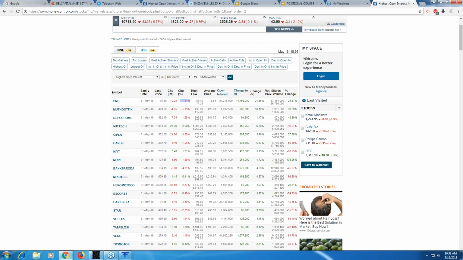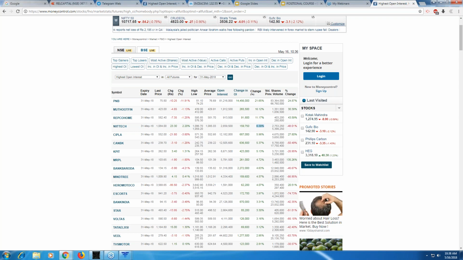Similarly, Muthoot Finance price is down and the open interest is increasing, right? You can keep refreshing this and see what's happening. Price is down, open interest is high. Price is up, open interest is also up. So NIIT Tech is having longs, and PNB, Muthoot and Repco have shorts being built.